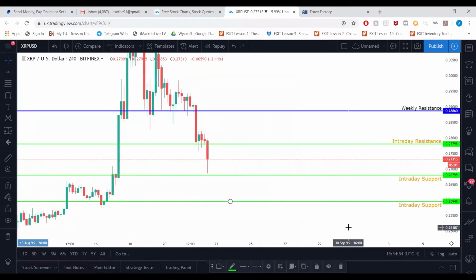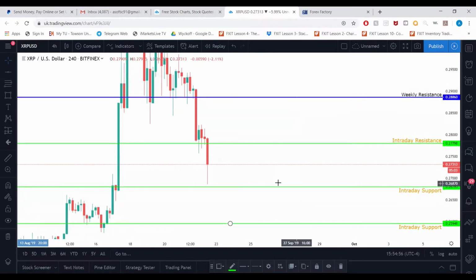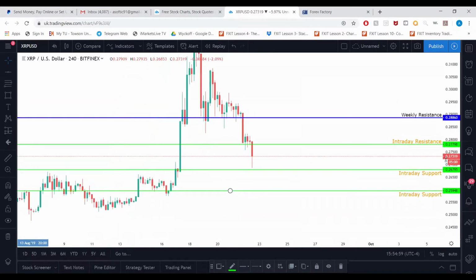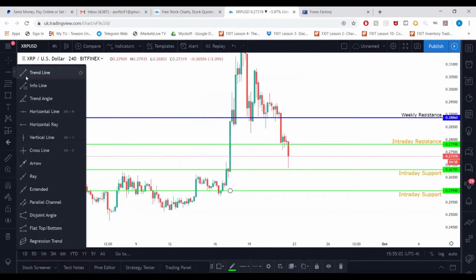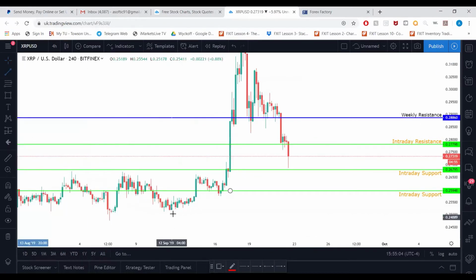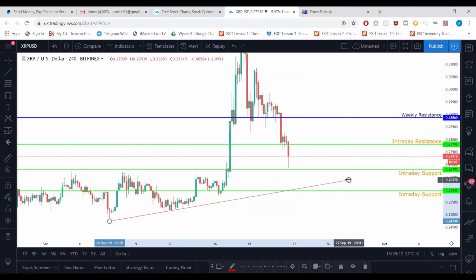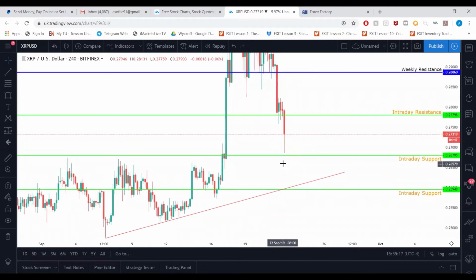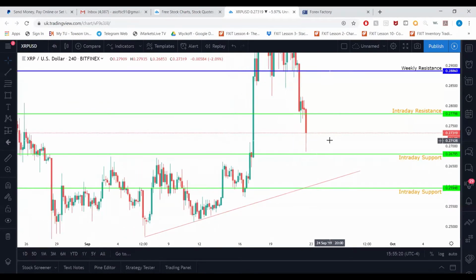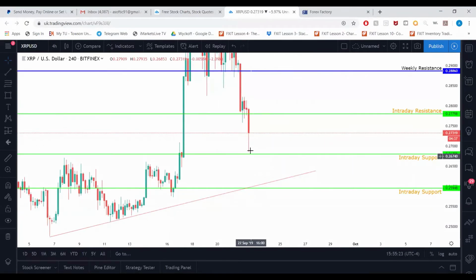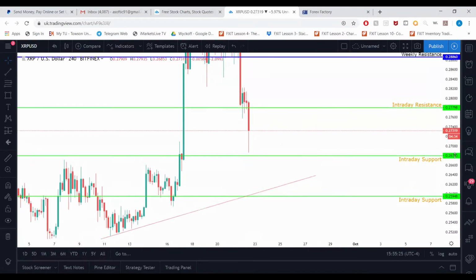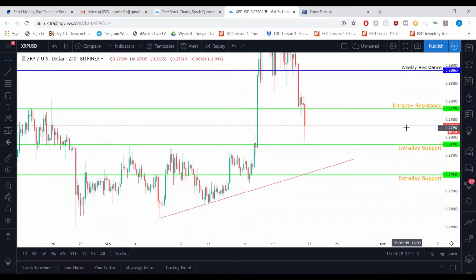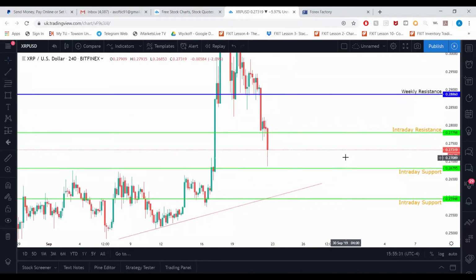Okay, so Mike, personally, I do see this going back up. Obviously, it could pull further down, but this current 4-hour wick is rejecting pretty much the support. Obviously, for those who don't trade cryptos, they have a big spread.